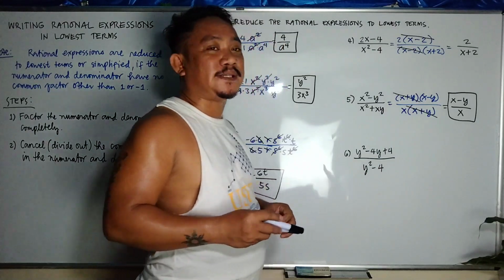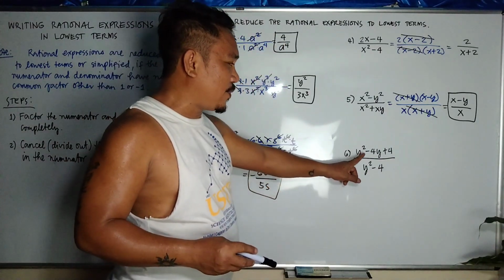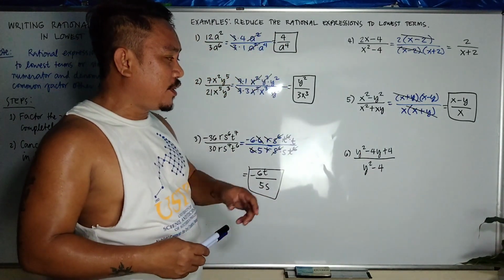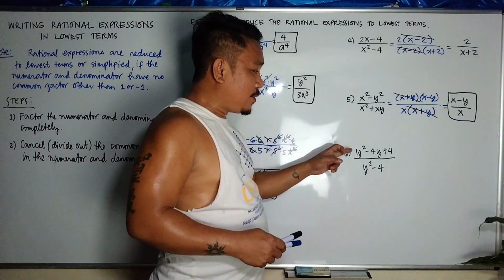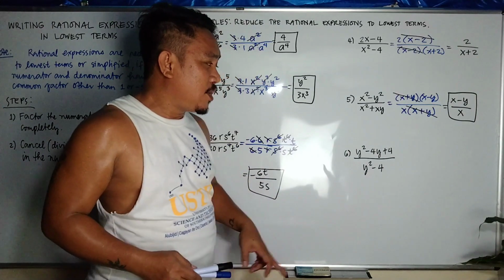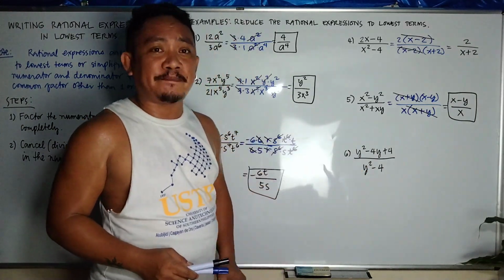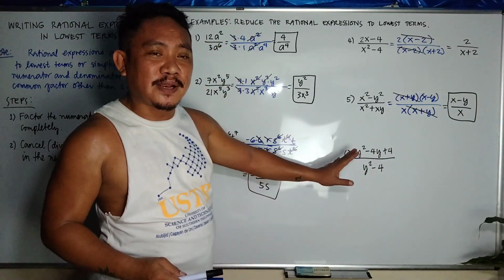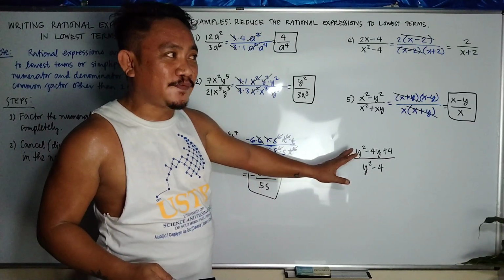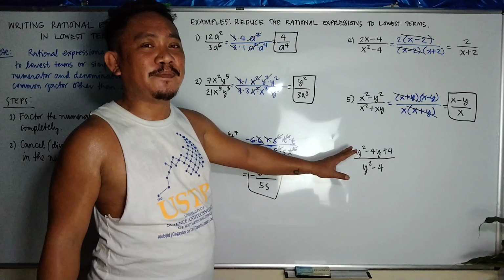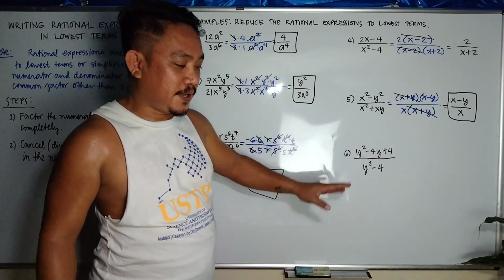So, we have number 6. You have y squared minus 4y plus 4 over y squared minus 4. Look at the numerator, y squared minus 4y plus 4. It also has a factor. It is not a difference of 2 squares. What type of factoring is it?